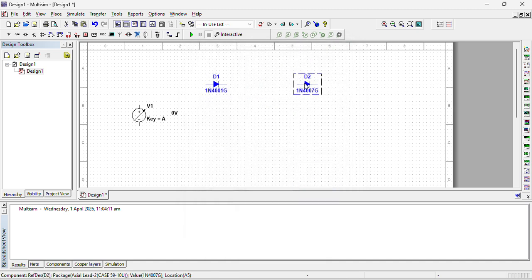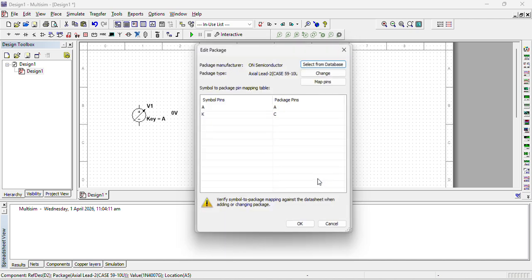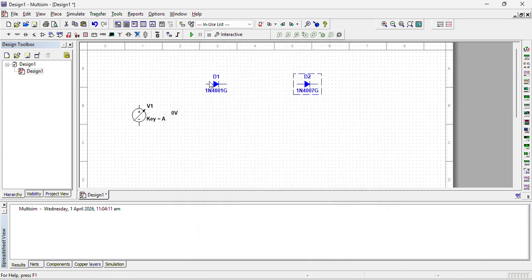While the other diode, 1N4007, is rated for again 1 ampere, but the voltage is 1000. We can see its breakdown voltage is 1000. So this one has a maximum breakdown voltage of 50, and this one has a maximum breakdown voltage of 1000.